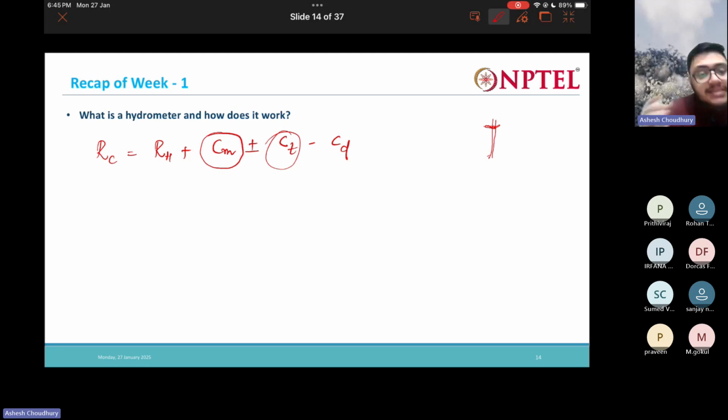But this dispersive agent itself is going to disturb the density of the soil solution a little bit, right? So for that we need to make a correction that is known as the dispersive agent correction, the CD. So we always subtract that from the RH. Okay. So finally, if we do that, we will get our corrected hydrometer reading.